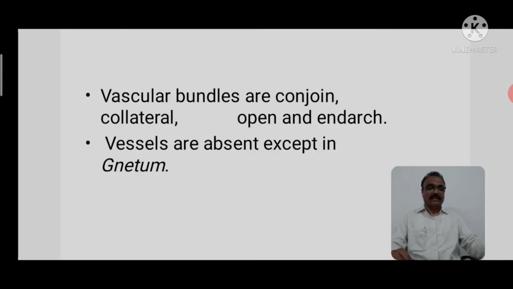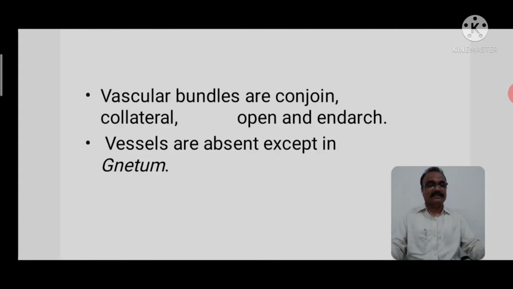Collateral means a strand of phloem is present external to the strand of xylem on the same radius, side by side. In open, a layer of cambium is present between the xylem and phloem. Endarch means protoxylem is present towards the center.